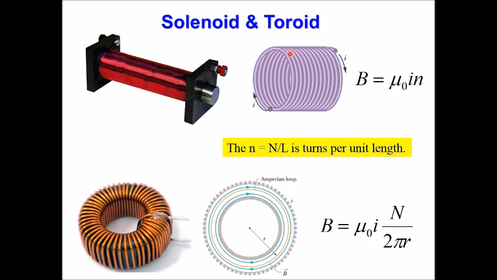Okay, so these are two options to increase the field without increasing the value of current. All you do is roll more of your wire by creating more turns. So the key parameter here is the number of turns per unit of length. So we will use Ampere's law to demonstrate these two formulas.